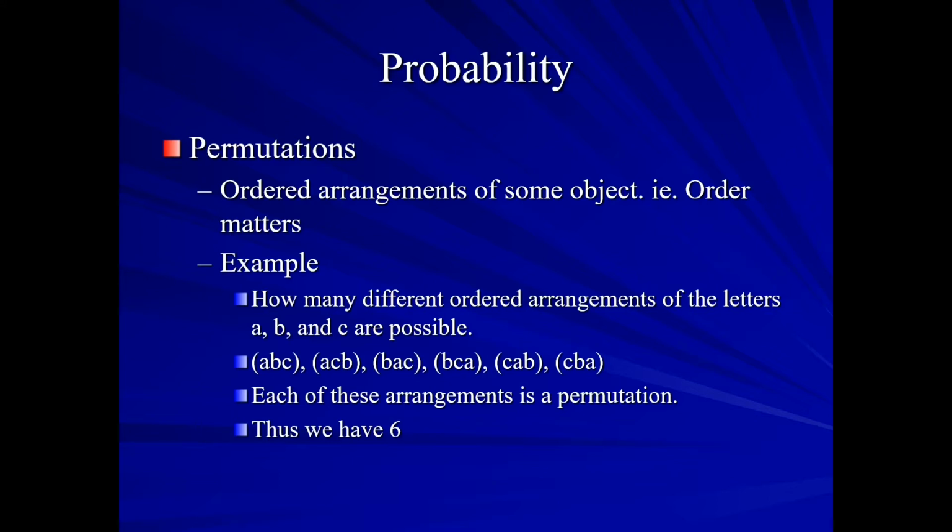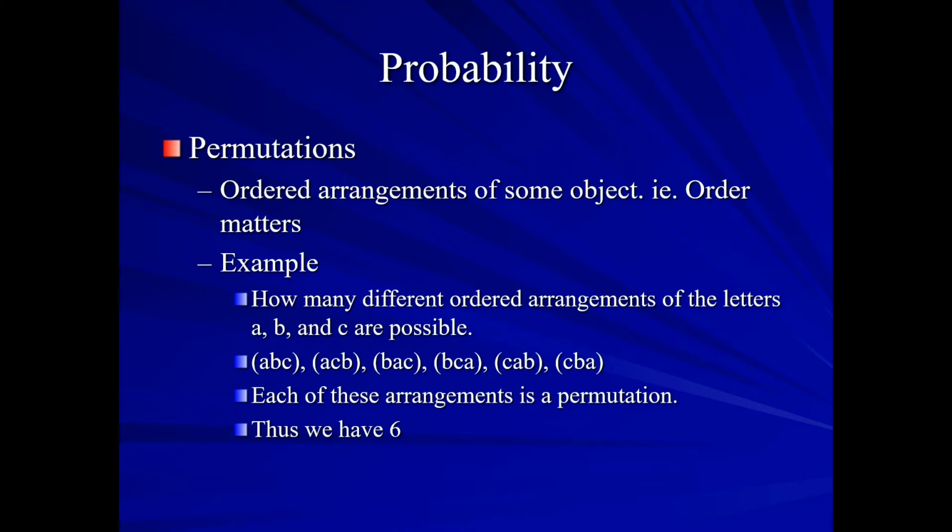These are ordered arrangements of some objects. Here, order matters. As an example, how many different ordered arrangements of the letters A, B, and C are possible? Well, clearly I could write this as ABC, ACB, BAC, BCA, CAB, and CBA.